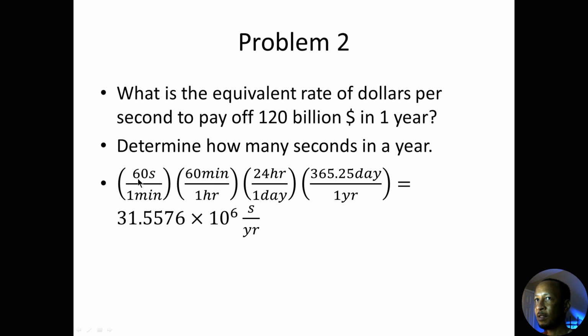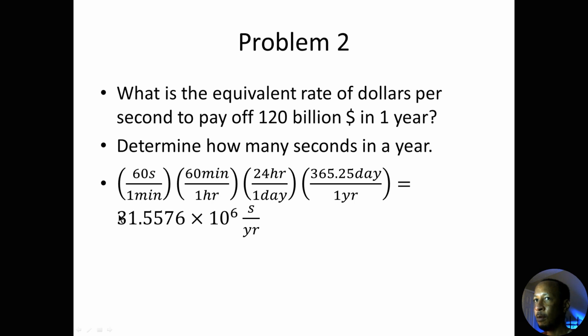I have 60 seconds per 1 minute, 60 minutes per 1 hour, 24 hours per 1 day, 365.25 days per year. And when I multiply all of that, as you can see, minutes cancels out, hours cancels out, days cancels out, and I'm just left with seconds per year.